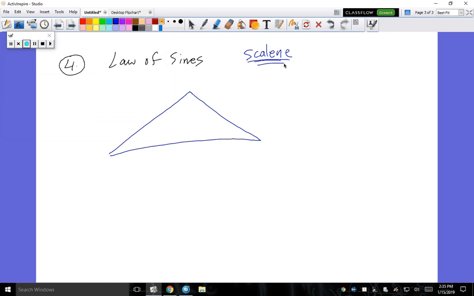And then we're going to label it A, B, C. Little a goes across from big A. Little b goes across from big B. And little c goes across from big C. So we have 77 degrees, 38, 25, and we want to find big B, big C, and little c.